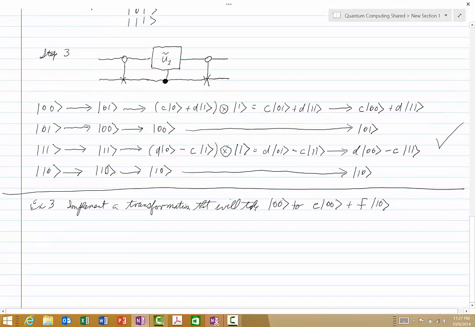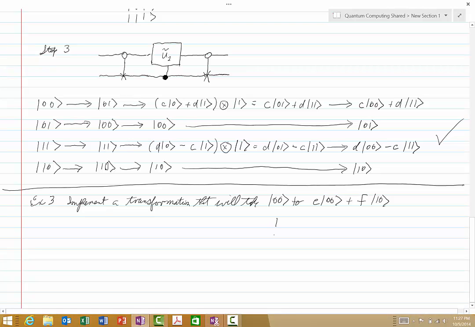And so again, looking at the order of our vectors, this means that 1000 will be going to E times 1000 plus F times 0001.